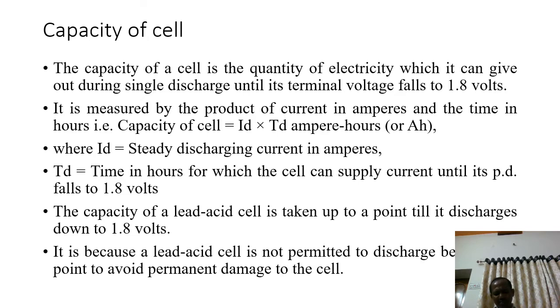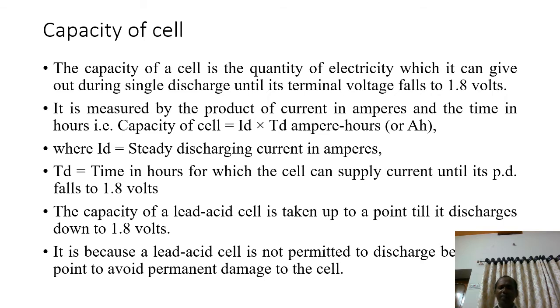Suppose you have a cell which is having 2.2 volts. When it is delivering the current, after some time the cell will start discharging until the potential difference falls to 1.8. That is called time in hours.